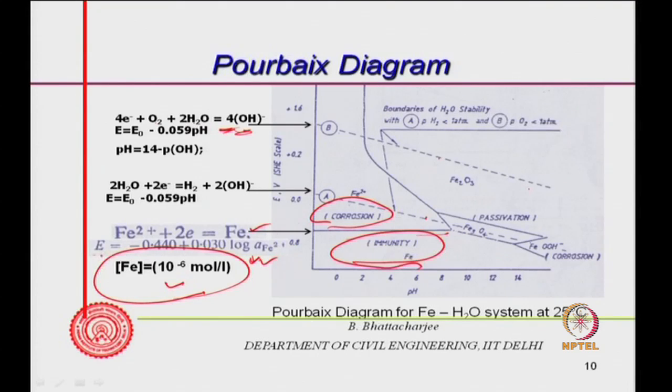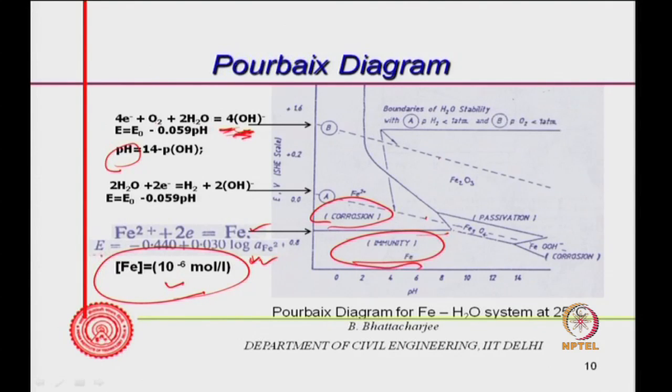All right. Now, if you calculate pH, OH ion concentration can be replaced by pH actually, because when you write down the Nernst equation for this, I will have the concentration of hydroxyl ion.